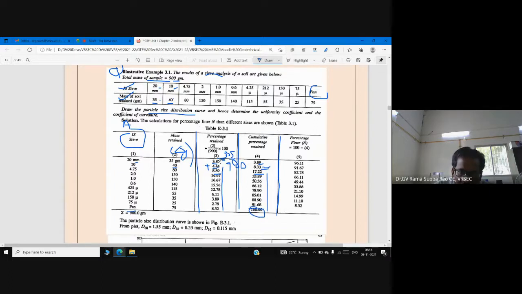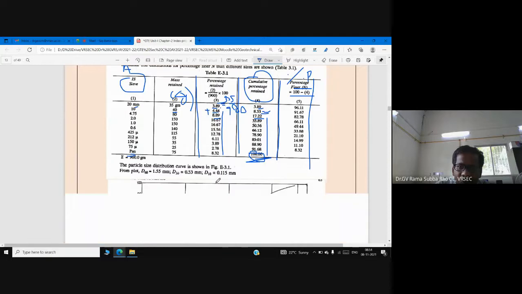So altogether, if we add 3.89, 4.44, and so on, up to 8.32, you will get 100%. This is regarding pan. Now we have a check here. My last column is percentage passing, also called percentage finer, which is 100 minus cumulative percentage retained. Here, 100 minus 3.89 is 96.11, 100 minus 8.33 is 91.67.